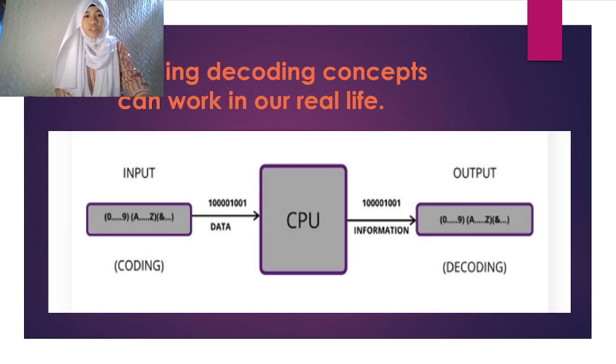Now we have the figure of the coding-decoding concept. The decoding concept can work in our real life, just like in the picture. For example, you may notice that your kid can learn their letter sounds in kindergarten, meaning what sound to make when the letter is written on the board.